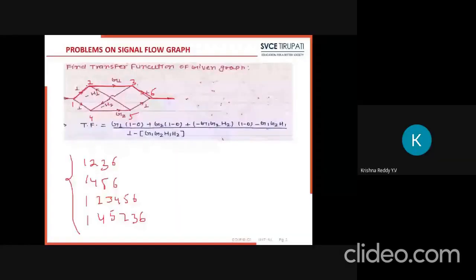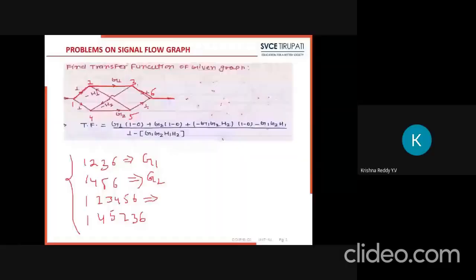What is the gain for the 1, 2, 3, 6 forward path? Its gain is G1. Next, what is the gain for 1, 4, 5, 6? Its gain is G2. What is the gain for 1, 2, 3, 4, 5, 6?